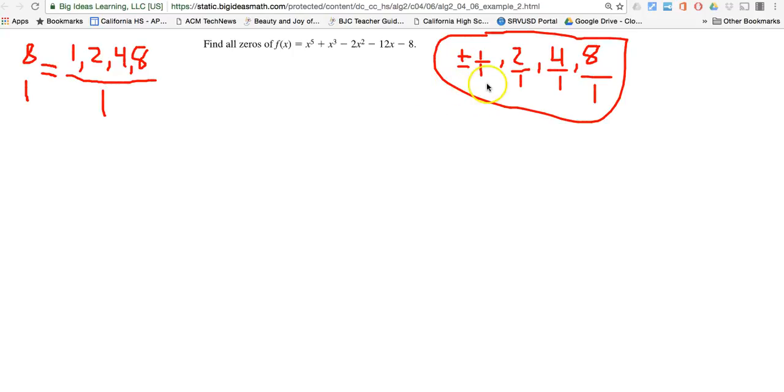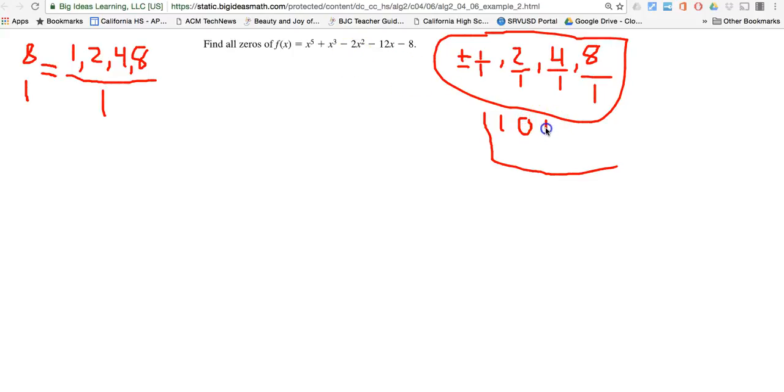So what we need to start doing is taking these numbers and using synthetic division to see if any of these solve our problem. So if we do synthetic division right here, we get 1. Remember, we don't have x to the 4th, so we get 0.